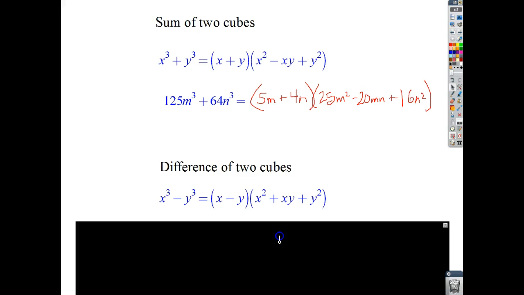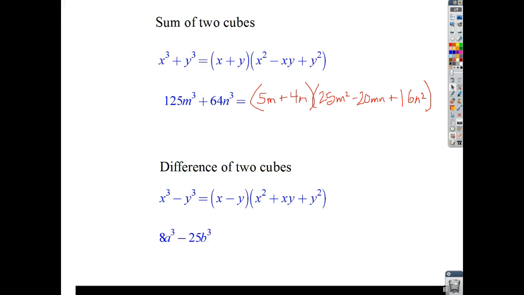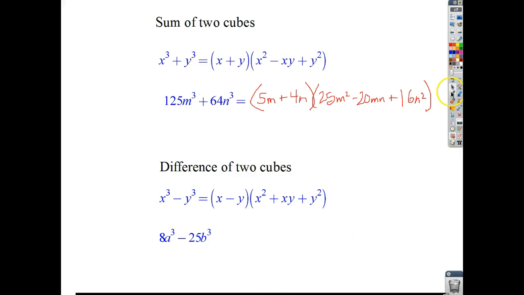Here's the difference of two cubes. What I want you to do here is try to factor that one out. Go. Hopefully you said x right here is going to be 2a minus 5b. And then we're going to do that same idea here.